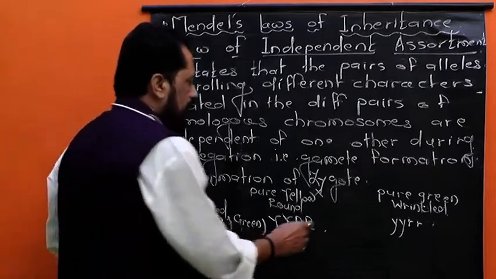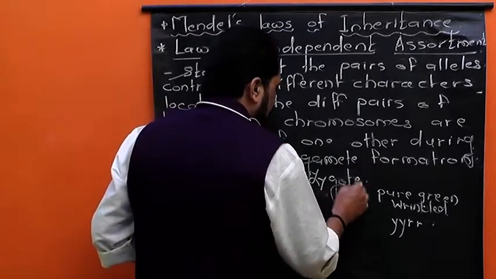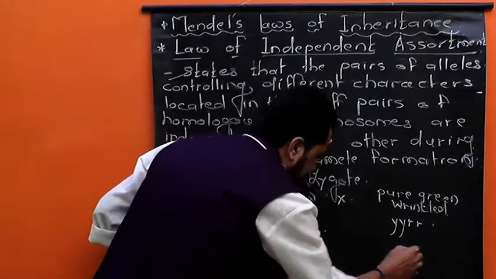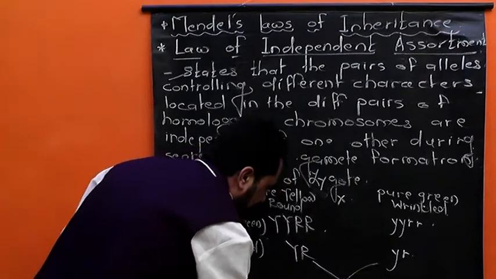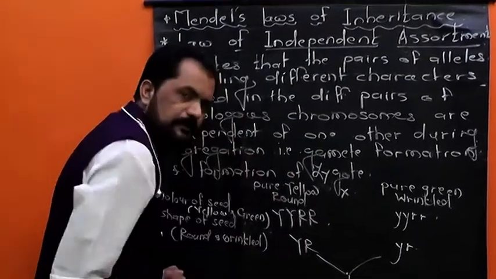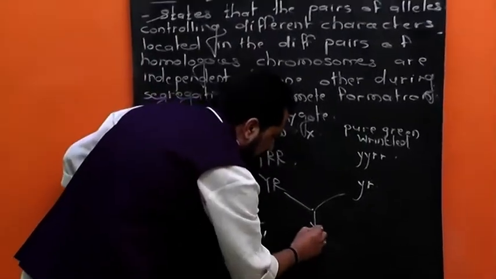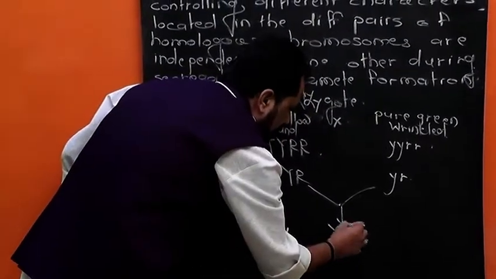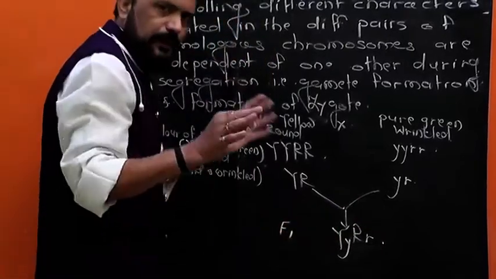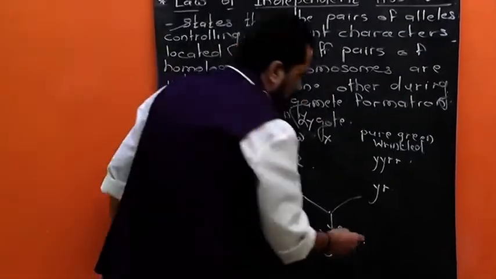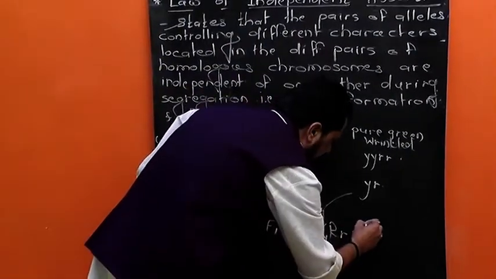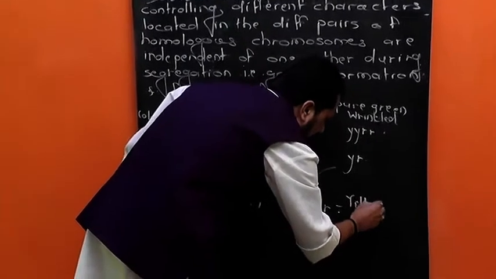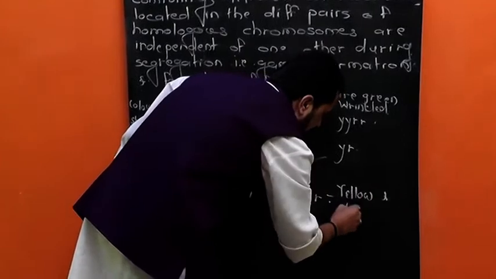Now, when these two pure parent individuals are crossed, we know they produce F1 individuals, with genotype capital Y, small y and capital R, small r. We have already studied that it has the phenotype yellow and round.